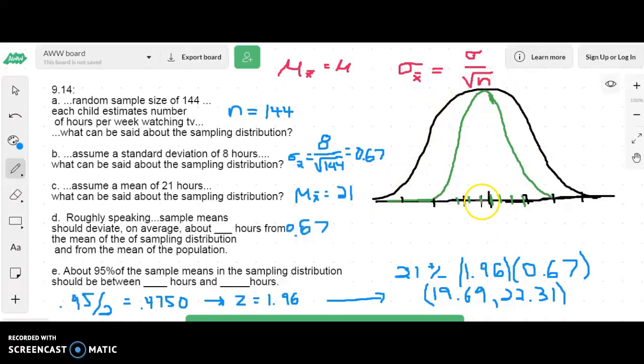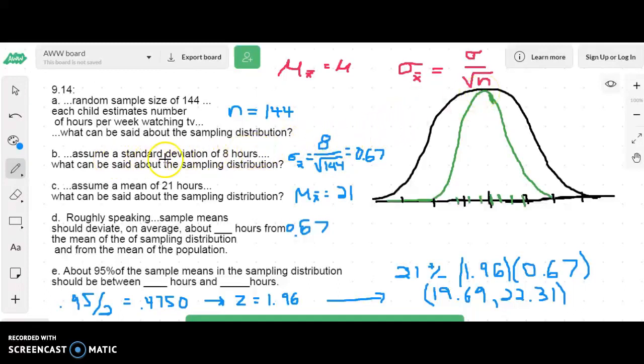The averages are going to be clumped together real tight. That tightness is defined by the formula for the standard error of the sampling distribution. It takes the population standard deviation, in this case 8, and divides it by the square root of the sample size. We had the sample size of 144 from the first part, and we bring that down, that's our n.